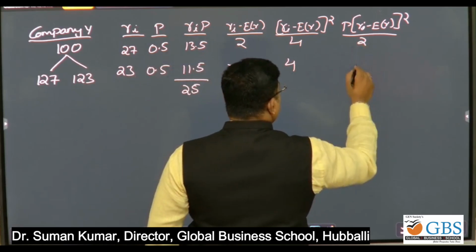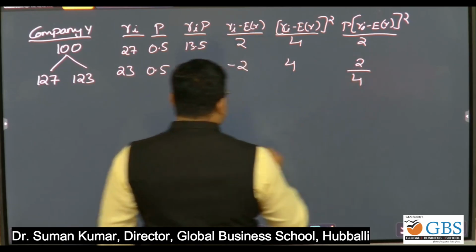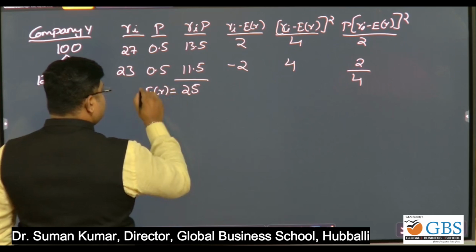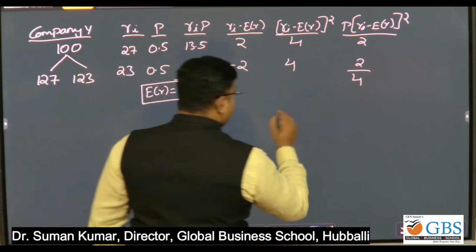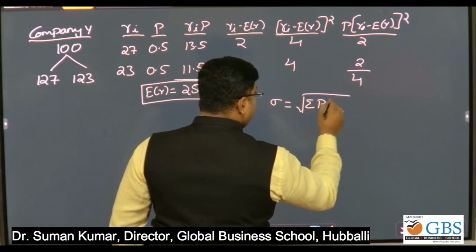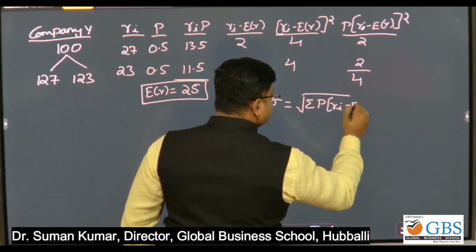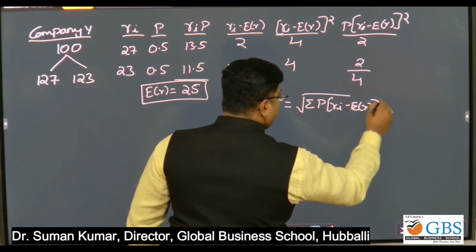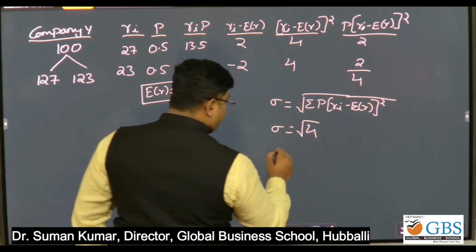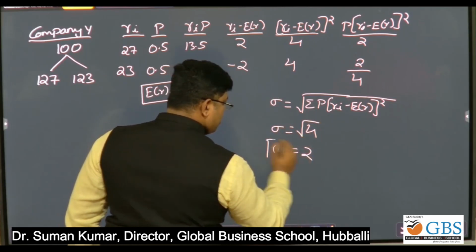Then 2, 2 is 4. This is E of R, whereas standard deviation is equal to square root of summation P into Ri minus E of R whole square, that is standard deviation is equal to square root of 4, which is equal to 2.